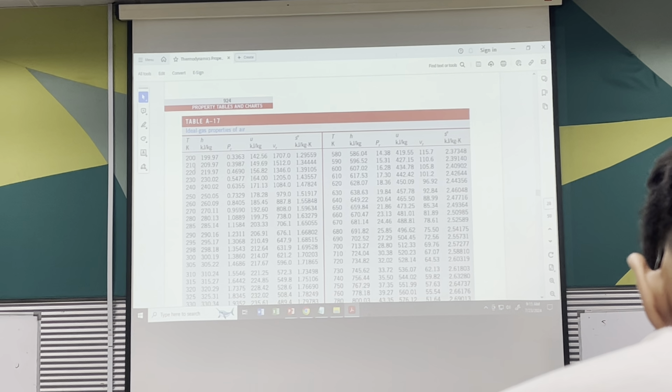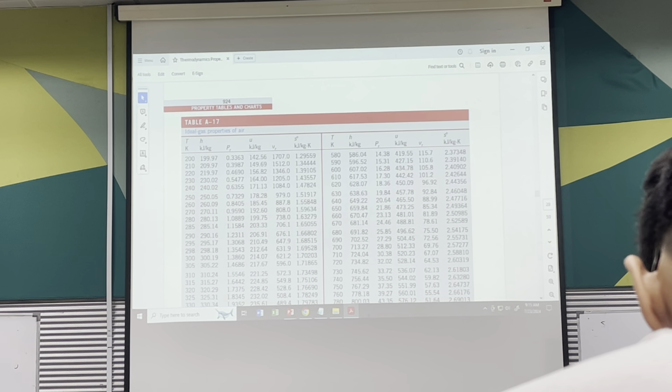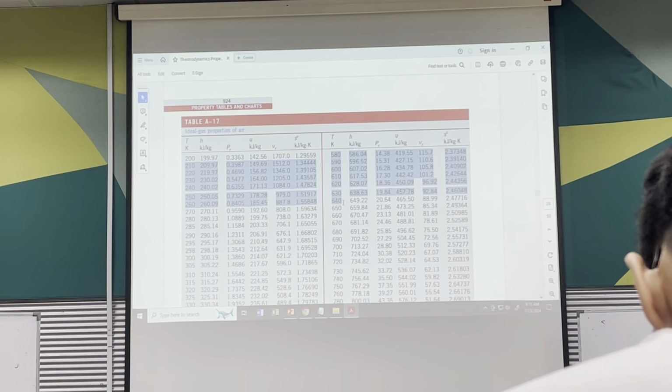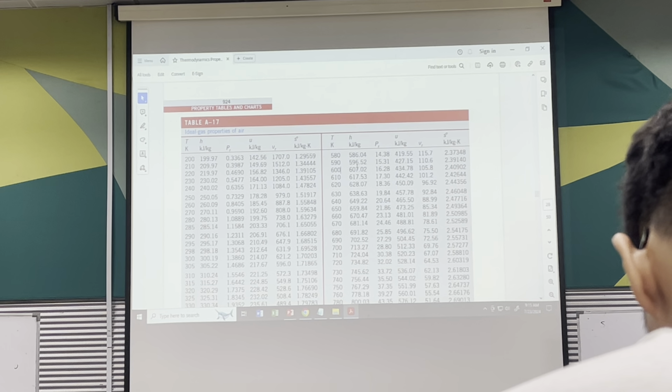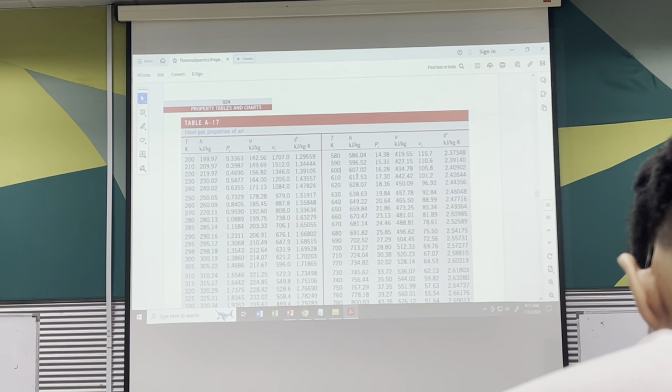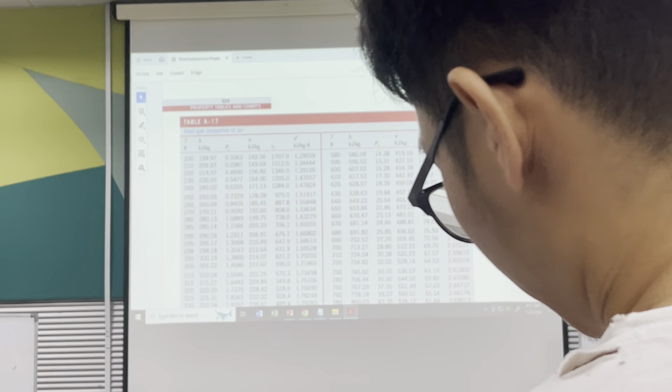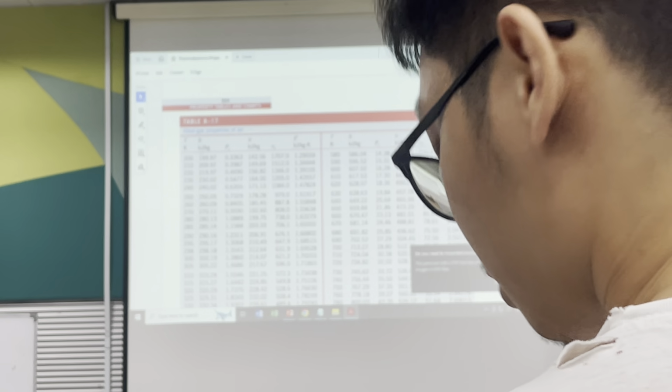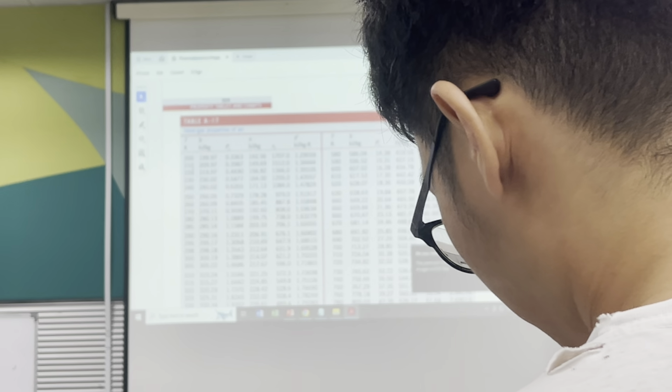But as temperature increases, when it goes to too high a temperature, the difference starts to be very big. There's a significant difference.